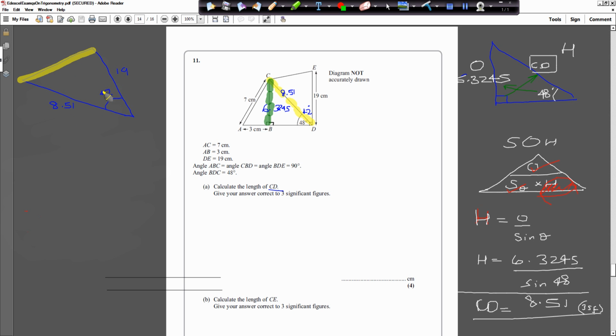Now, because you know the angle and the side either side of it, which rule do we use? Which rule do we use, folks? Cosine rule. Okay, what's the cosine rule?